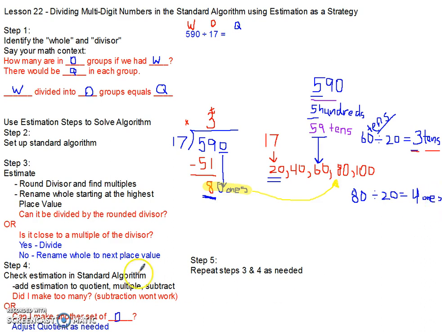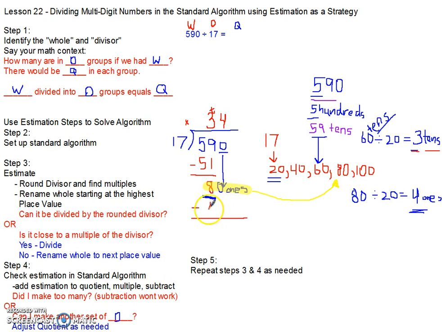So now we move on to step 4, our check of our estimation here. First, we place that estimation in our quotient, over the ones place value of our whole. And then we multiply 4 times 17, and then we subtract that number from what we have remaining, which is 80.